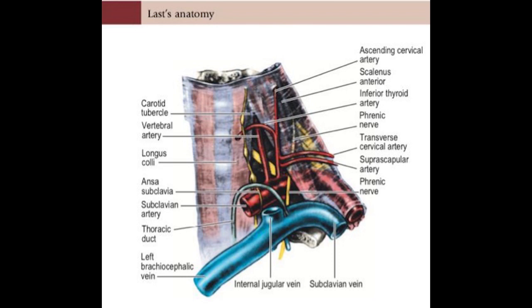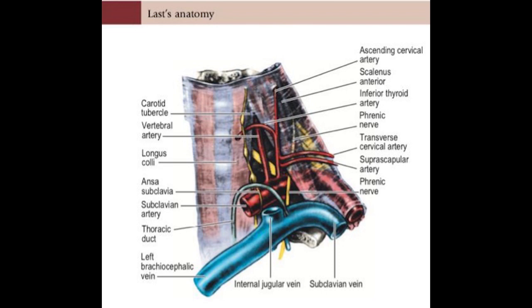First, the pyramidal space. Let's demarcate the boundary. Medially, the lower lateral border of longus colli. Laterally, the medial border of scalenus anterior. You can see here, there is no fascial covering as a roof.